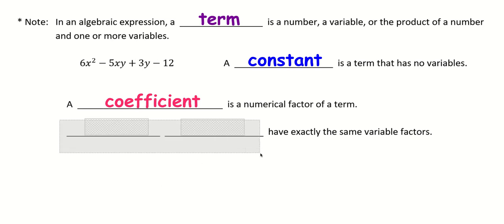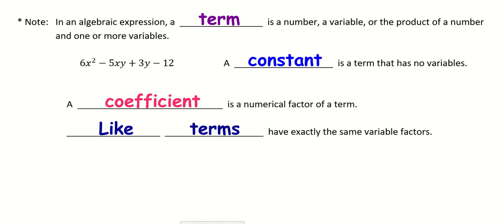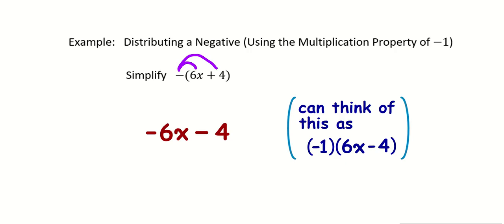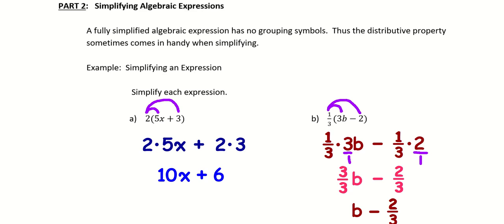And if 2 terms have the exact same variable factors, the exact same variable situation going on, we call them like terms. So like these 2 things, they're not like terms. This has an x, this does not. So they don't have the same variable situation going on. Again, that's the final answer because they're not like terms, okay?